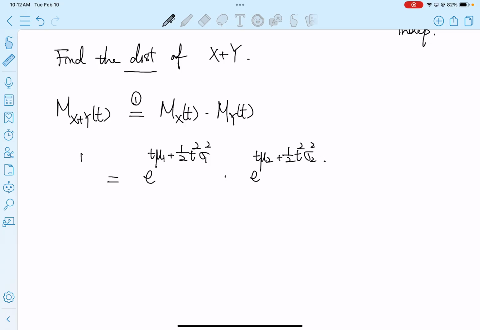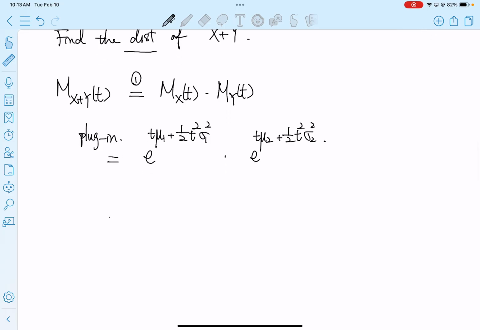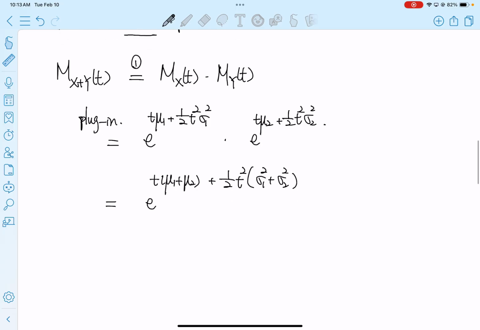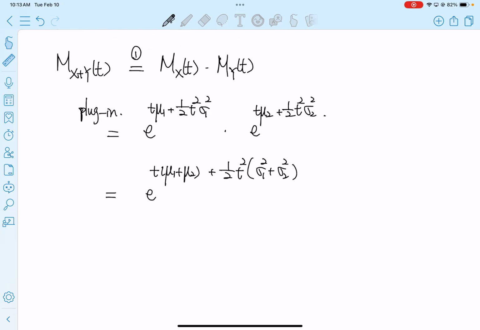Then, as last time, we group the terms: t times mu1 plus mu2, plus 1/2 t squared times sigma 1 squared plus sigma 2 squared. That is the resulting moment generating function for the sum.